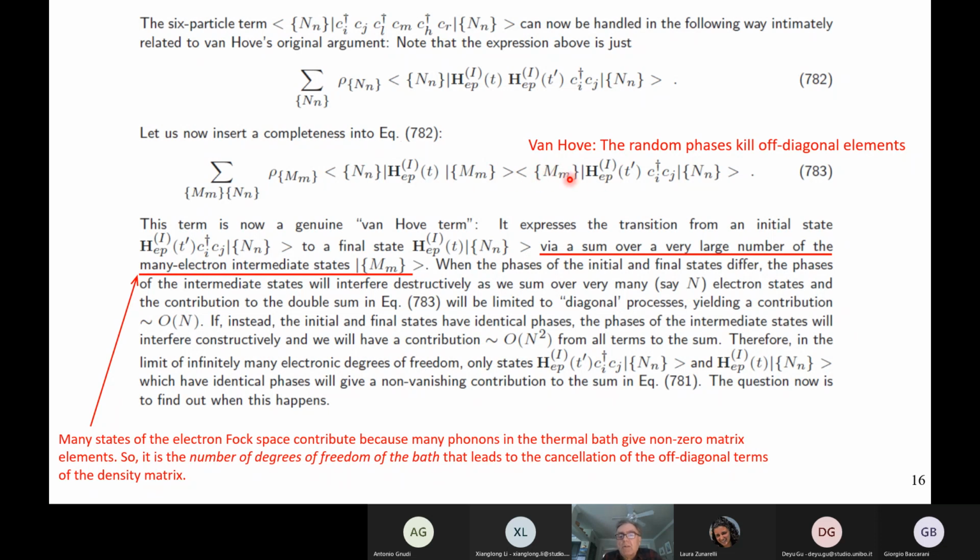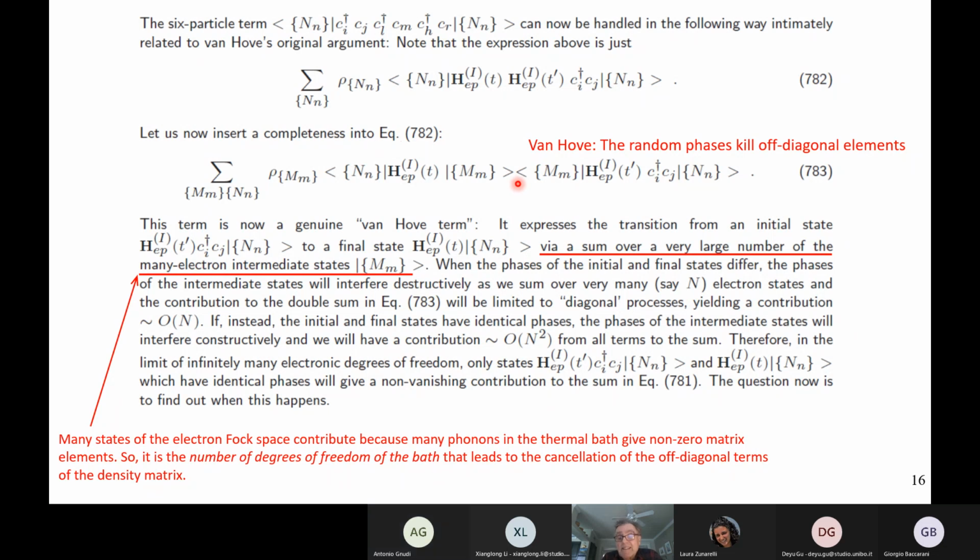But I have so many phonons that in practice, all of the electron Fock states contribute to the sum. So I have very many, thanks to the fact that I have many phonons. And each phonon contributes a random phase when I'm considering an off-diagonal term of the density matrix. I don't know if that is clearer.